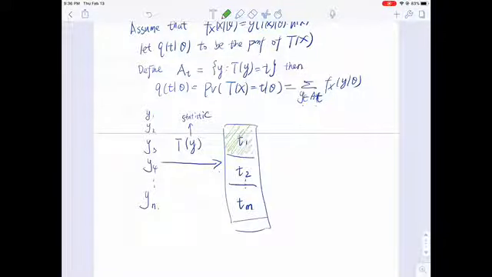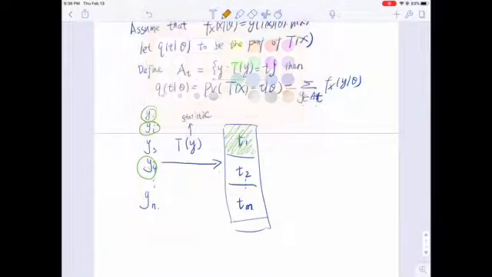Let's say T of y1, T of y2, T of y4 is equal to lowercase t1. Then the partition we define here is actually y1, y2, and y4.